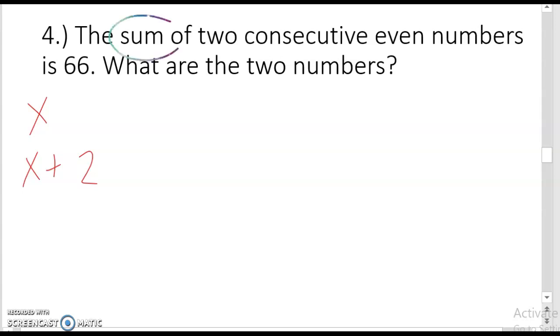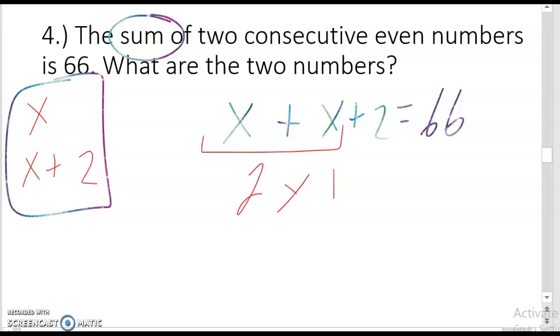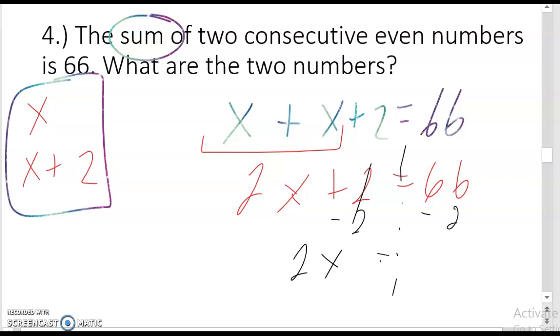So when it says the sum, that means we're going to add these 2 numbers together. My first number is x. Add to it my second number, x plus 2, and that gives me my value of 66. On this side, x plus x is 2x. So 2x plus 2 equals 66, and now I can solve that equation. I can subtract 2 from both sides, so 2x is the same as 64.